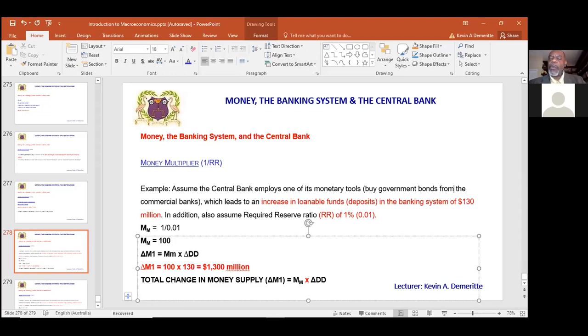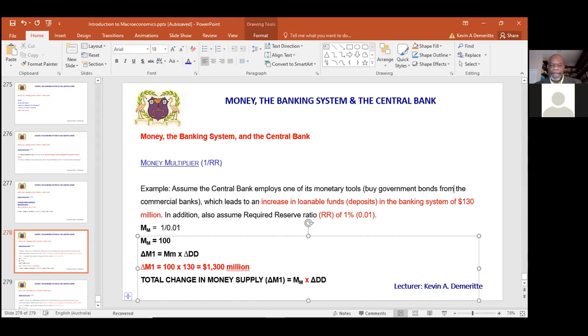Now, when the central bank buys government bonds from commercial banks, so commercial banks are holding on to these government bonds instead of cash, the central bank then credits the commercial banks' bank accounts with the cash. So let's say we're back to FCIB, for example, right?